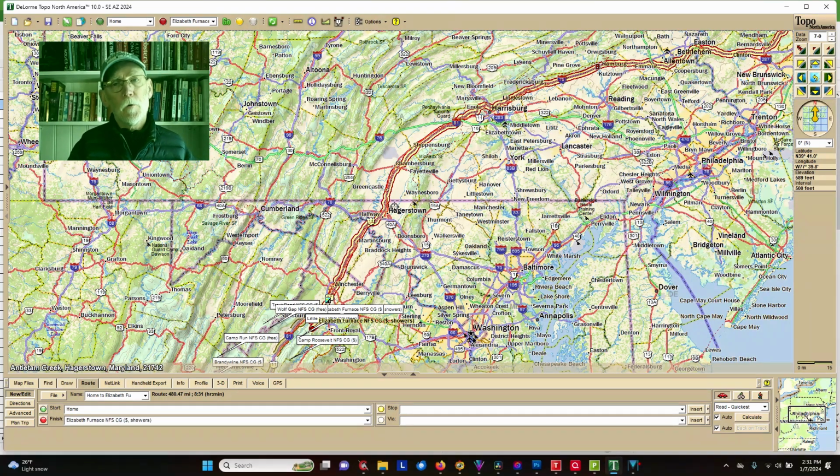I can zoom in on an area and see what the options are, pick one that looks attractive, and lay out a route to see what Topo projects for a distance and a travel time, to see if it's reasonable or not.